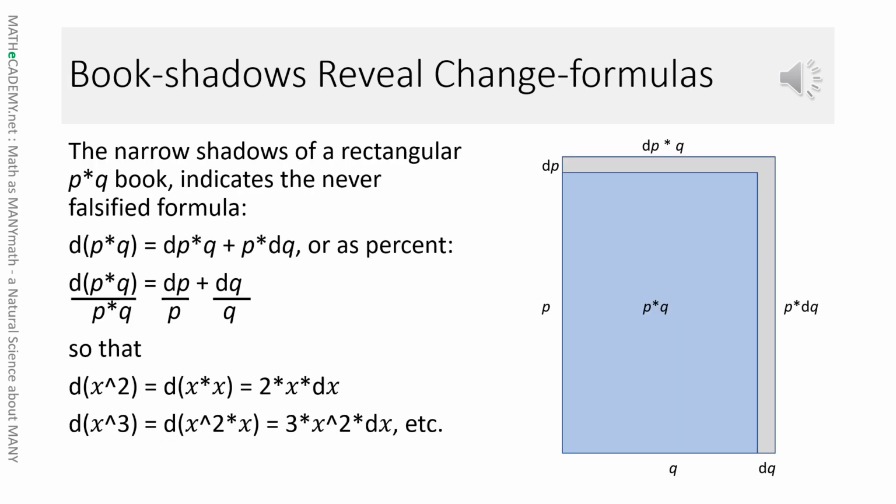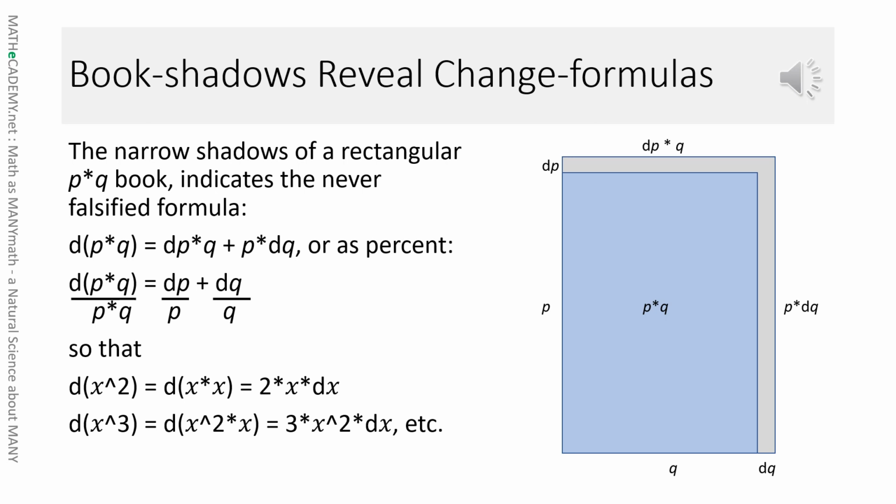Book shadows reveal change formulas. The narrow shadows of a rectangular P times Q book indicate the never falsified formula: d, P times Q, is dP times Q, plus P times dQ.